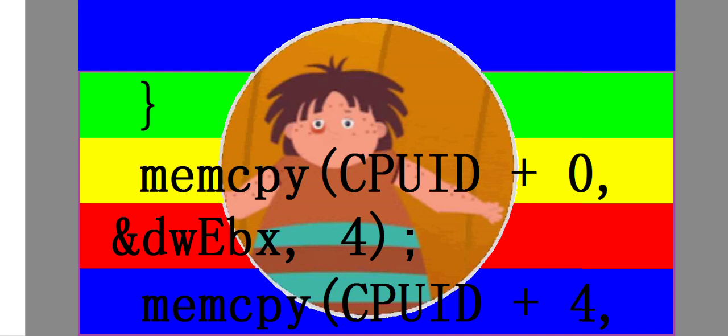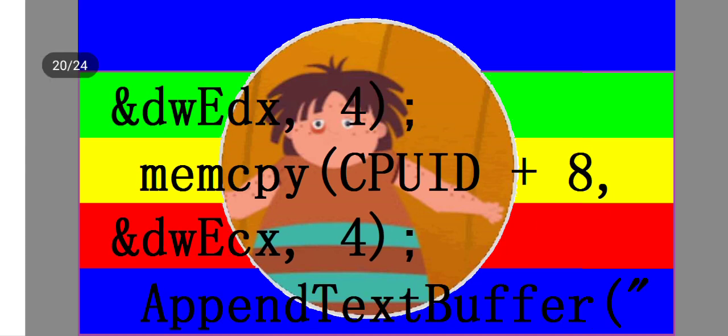And copy this line, paste. Then edit it. MEMCPY CPUID plus 4, comma, ampersand DWEDX, comma, 4, semicolon, MEMCPY CPUID plus 8, comma, ampersand DWECX, comma, 4, semicolon.